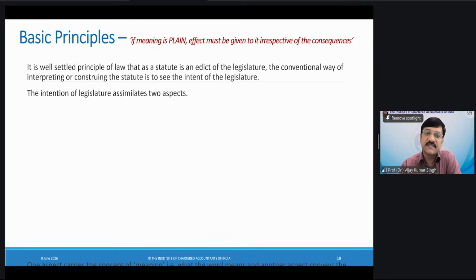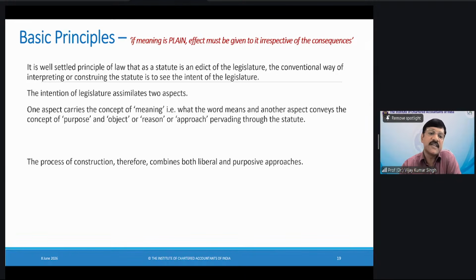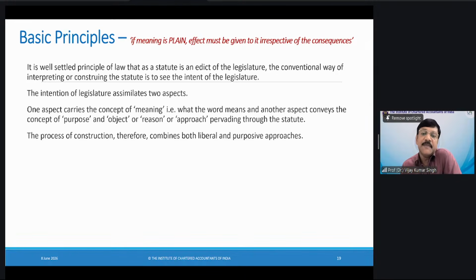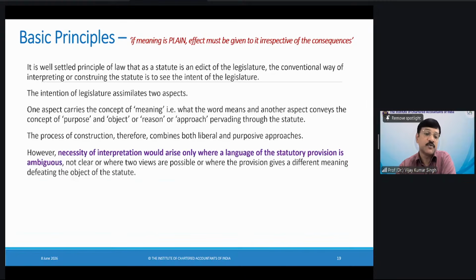So the intention of the legislature assimilates basically two aspects. One, the meaning, that is what is the meaning of that law, or what is the purpose or objects or reason of that particular law. And the process of construction, therefore, has to combine both liberal and purposive approaches.